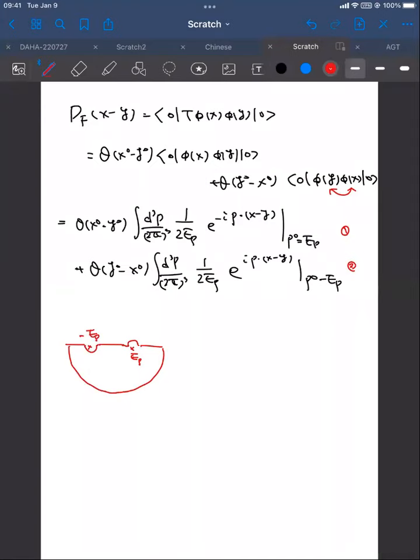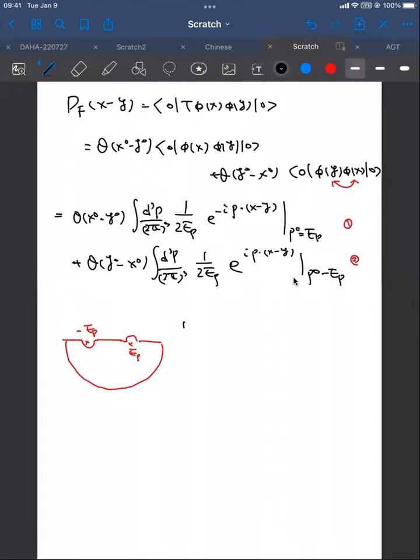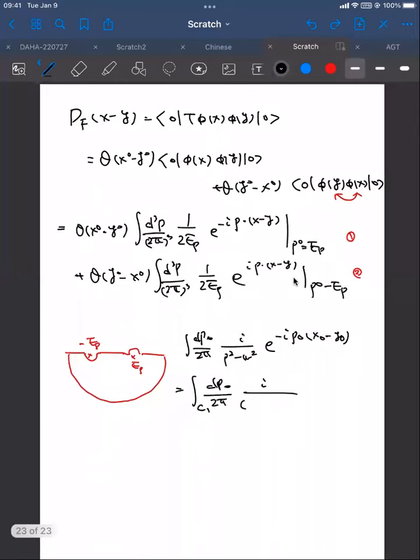If you take this one, you can write the p0 integral, i over p squared minus m squared, e to the minus i p0 (x0 minus y0), and manipulate it into the following form: the C1 contour integral dp0 over 2 pi, i over (p0 minus E_p)(p0 plus E_p), e to the minus i p0 (x0 minus y0).